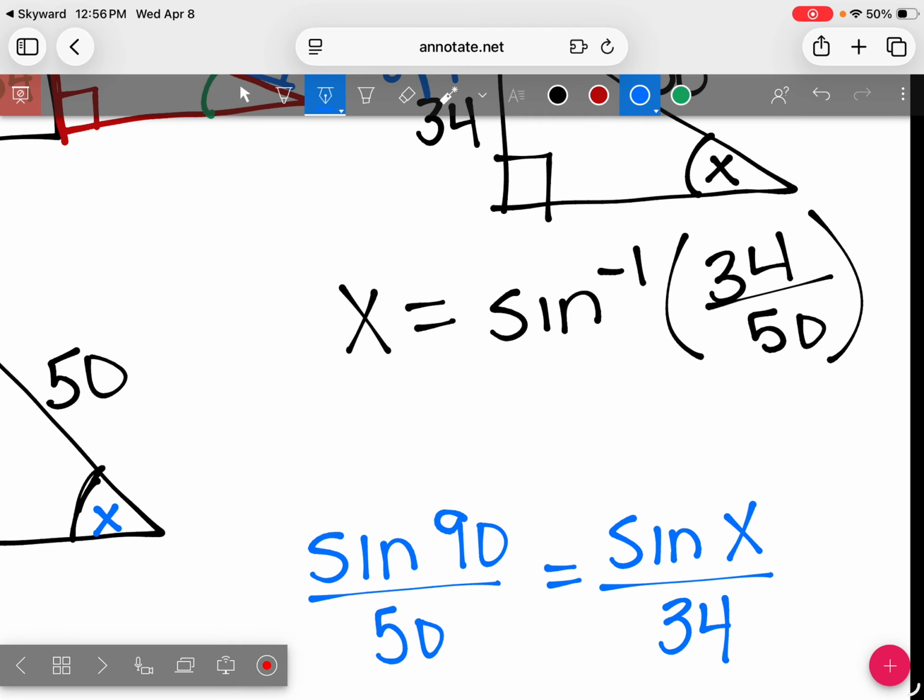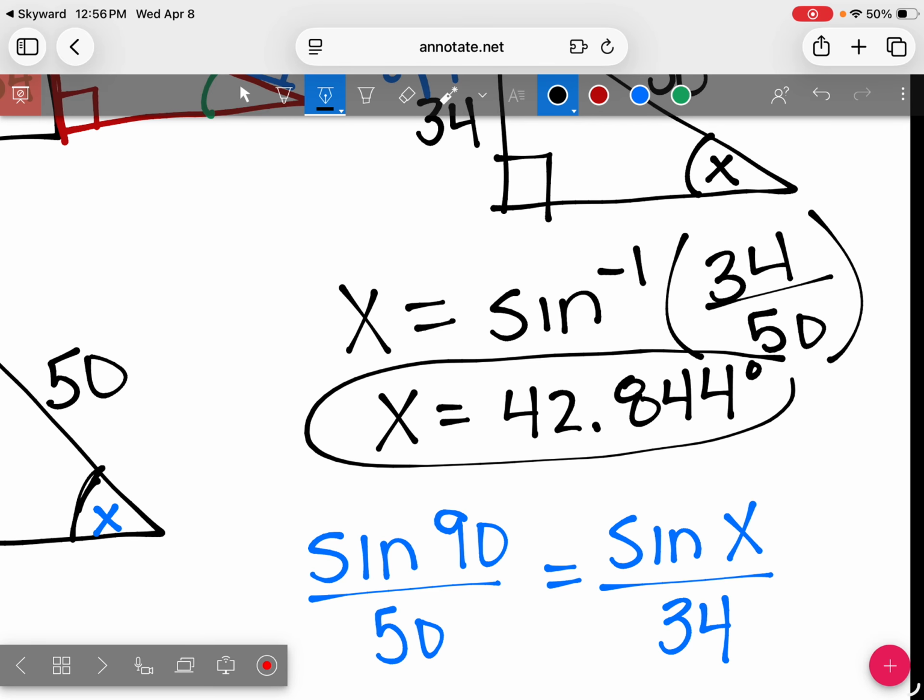When I type that in, I get the inverse sine of 34 over 50, which would be x equals 42.844 degrees. Anybody else get that?